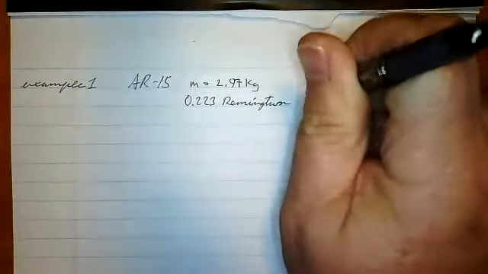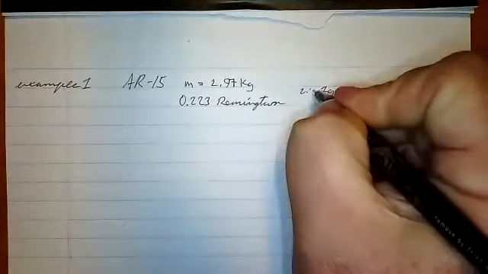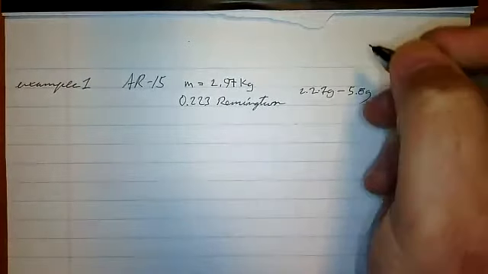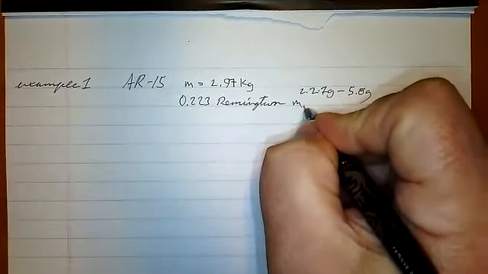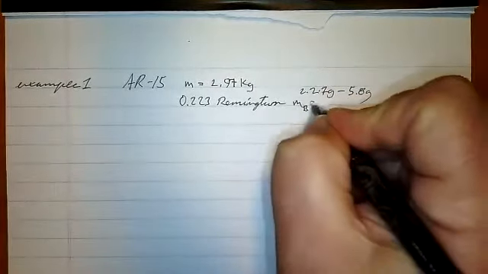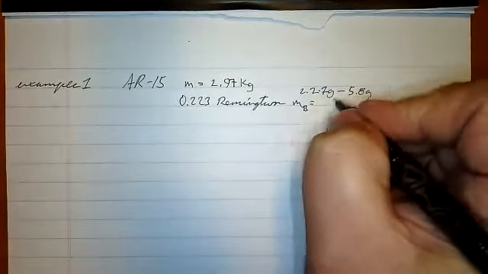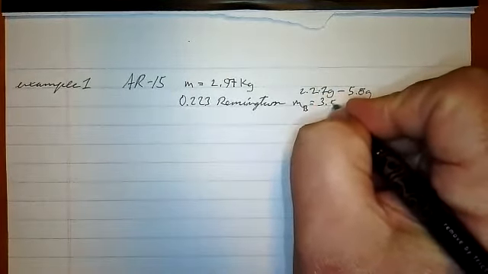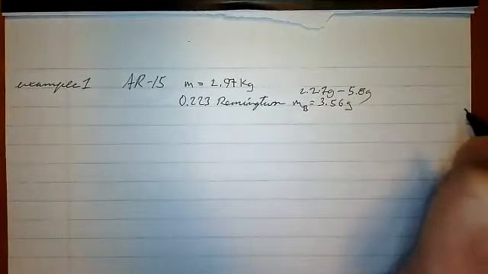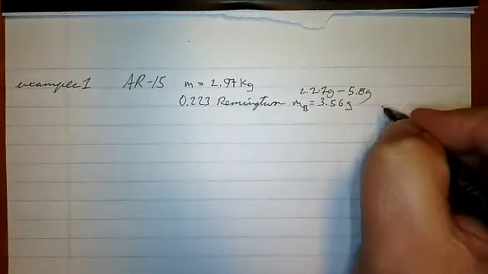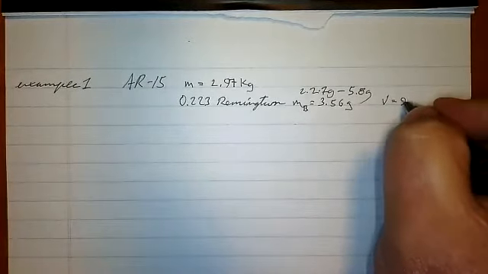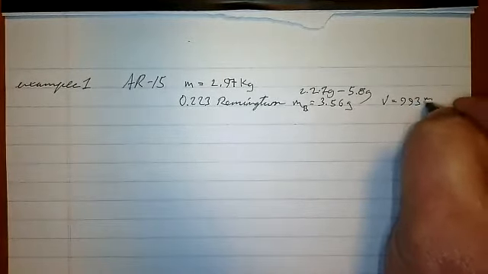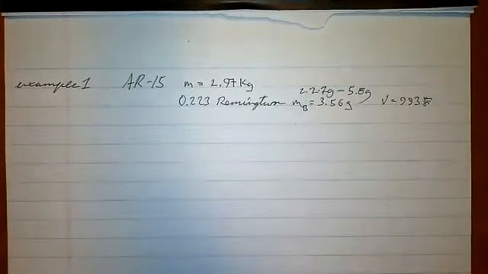I'm going to use sort of the middle of the road, which is their 56 grain or 3.56 grams. So the mass of the bullet, I'll call it M_B, is basically 3.56 grams. Now that turns out to have a muzzle velocity with this AR-15 of about 993 meters per second.